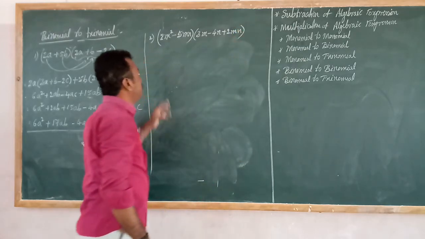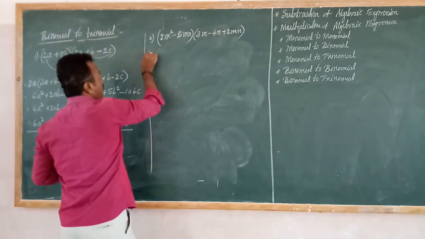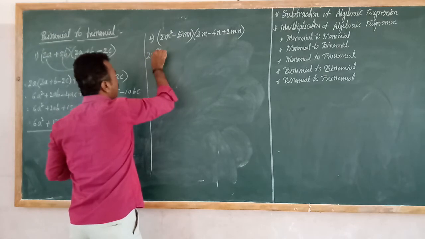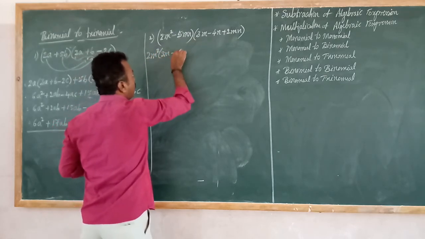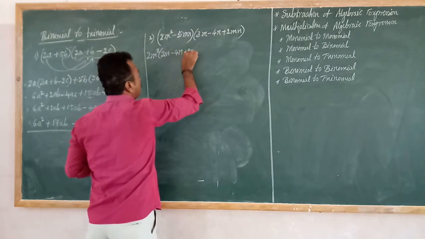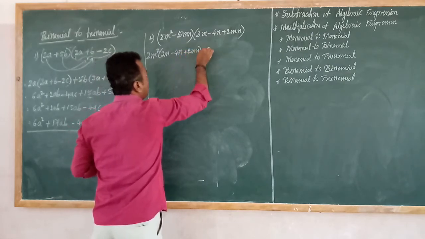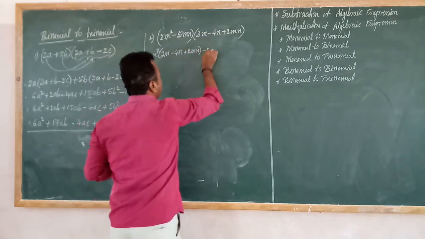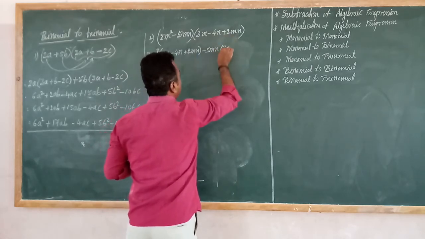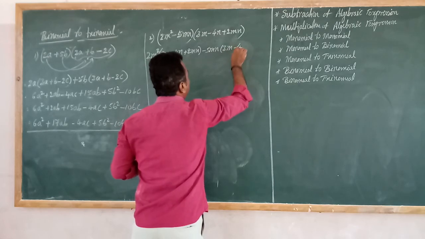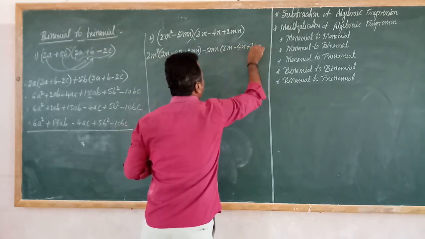Okay, this is a binomial to trinomial. Same procedure, students. First, 2m square we should multiply with the whole term. What is that? 3m minus 4n plus 2mn. After that, minus 5mn, that term we should multiply with the whole term. What is that? 3m minus 4n plus 2mn.